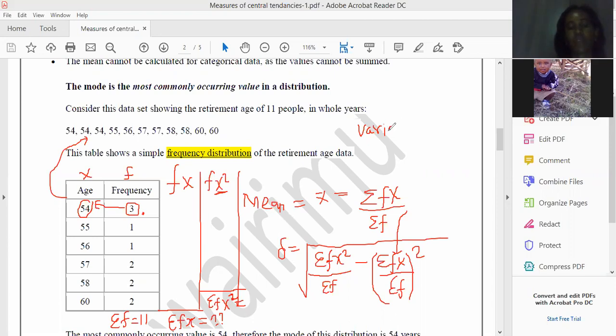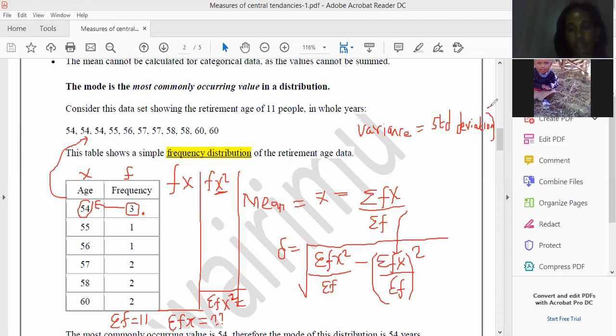The variance of the distribution is usually given by what? Variance equals the standard deviation squared. The standard deviation, you just square this.